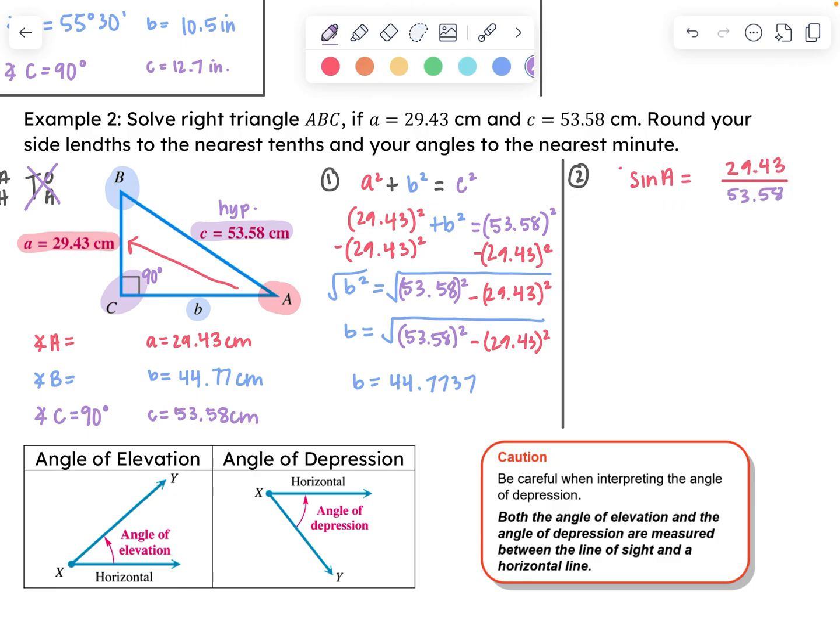So I'm going to take the inverse sine, let's do it in orange, of both sides. It's going to cancel out here. So I get that A is equal to the inverse sine of this fraction.